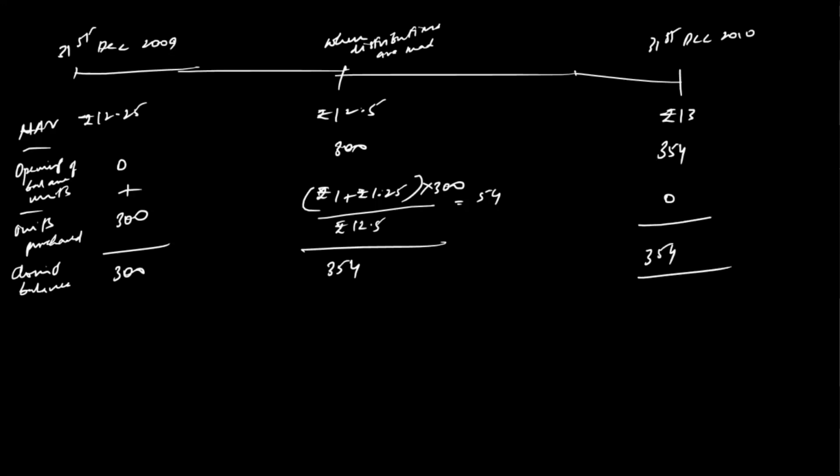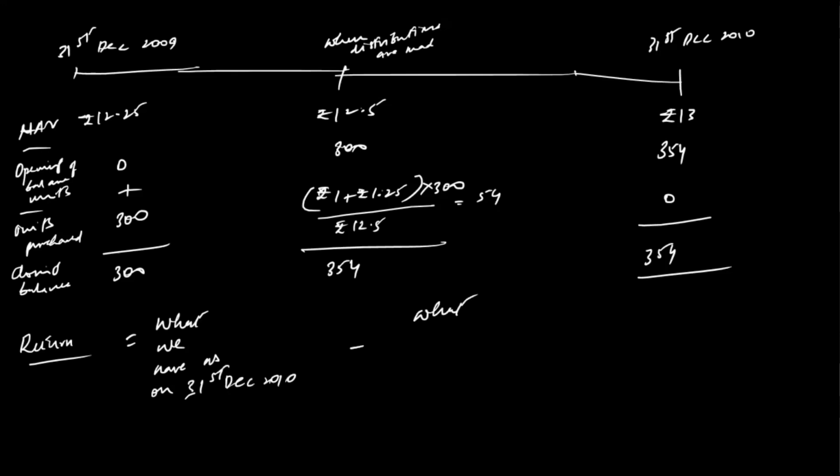So now we need to find out the return generated. So what is the return generated? The return generated will be what we have as on 31st December 2010 minus what we have as on 31st December 2009, right?